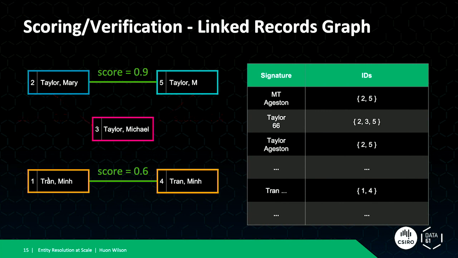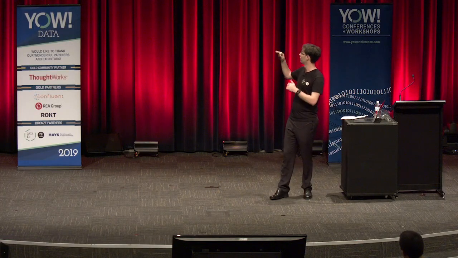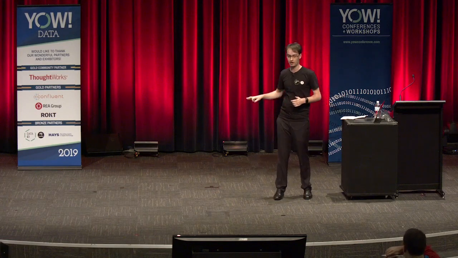So we delete the lower scoring edges, and we're left with 3 connected components. We've got one for Mary Taylor, one for Michael Taylor, and one for min-tran. We've now correctly identified our 3 people out of our 5 records, and depending on what we want to do for our data set, we can either merge them into single records or delete the duplicates.